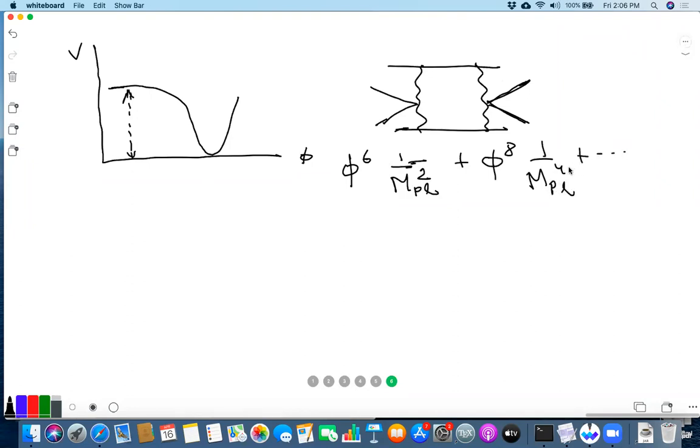Yeah, I was just hoping, I guess, that the mass of the scalar particle will also show up. Yes, indeed. But those are absorbed in what is called renormalization. That's the observed mass of the scalar particle.